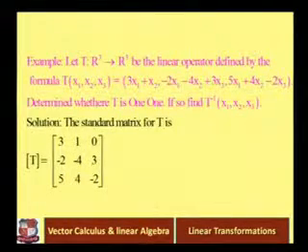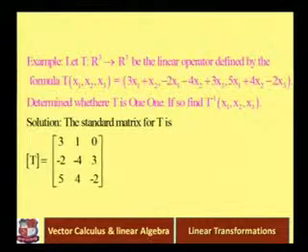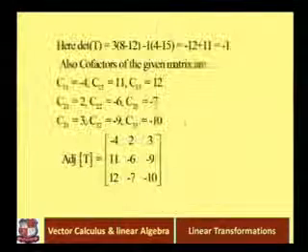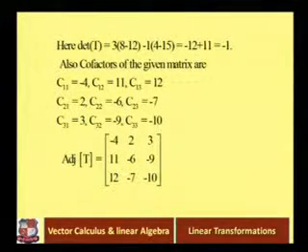You can see 3 into (8 minus 12) minus 1 into (4 minus 15), that is minus 12 plus 11, which is equal to minus 1.